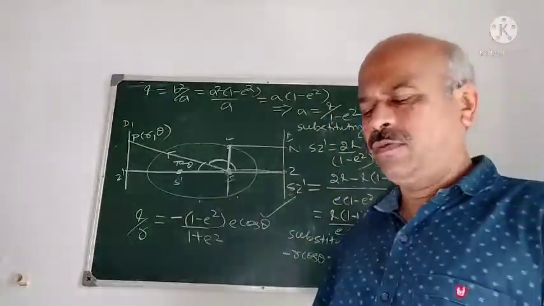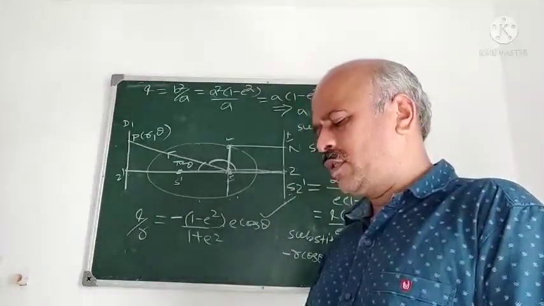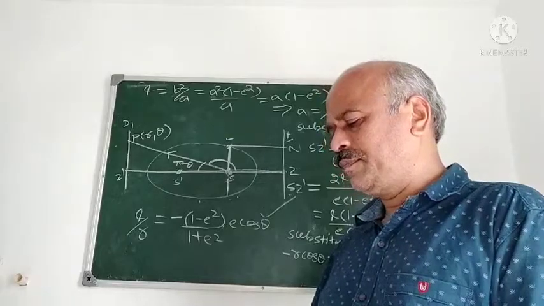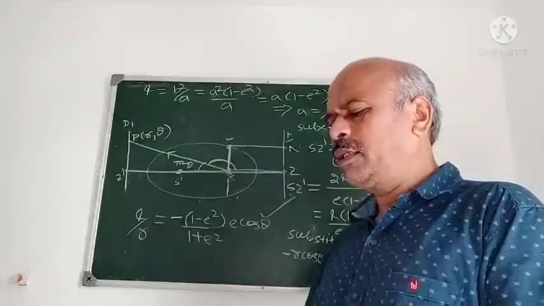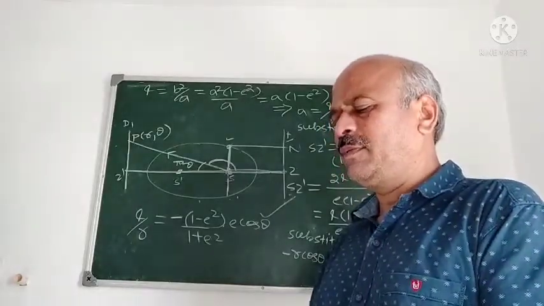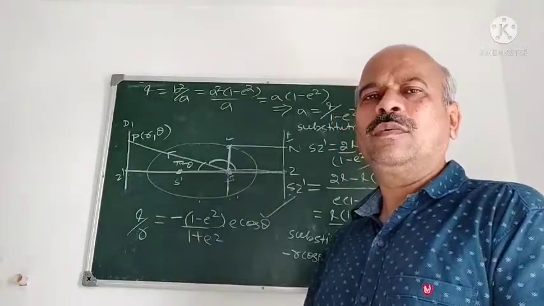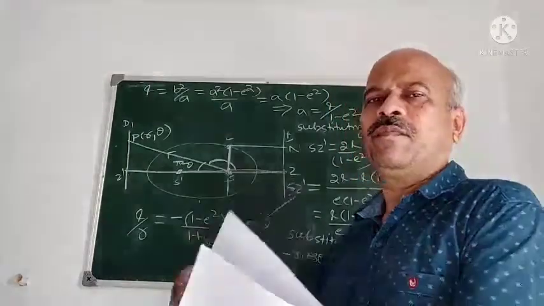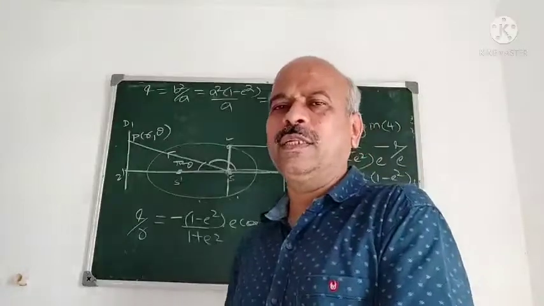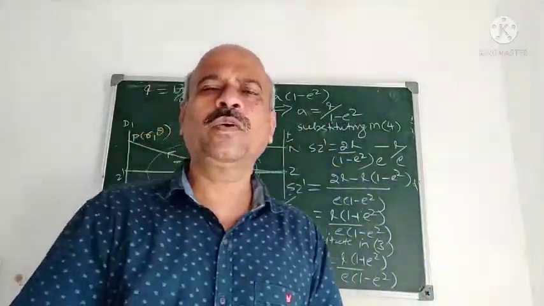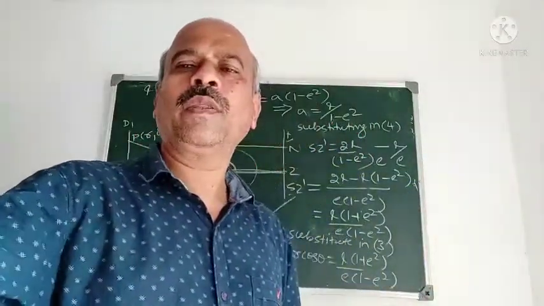Go through the video again. This is the equation of the directrix. One topic is left, that is the asymptote of this conic. I continue that in the next period. How to find the asymptote of the conic.